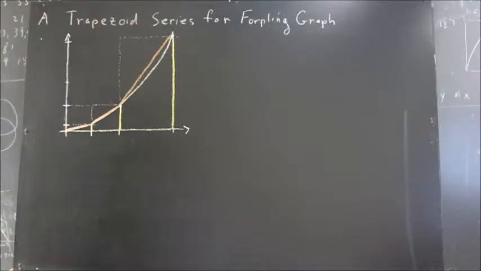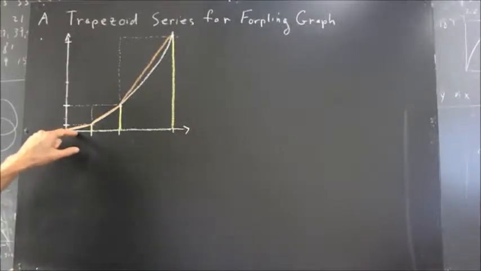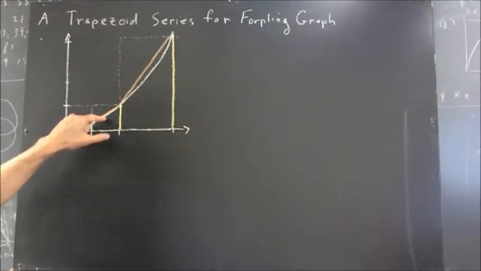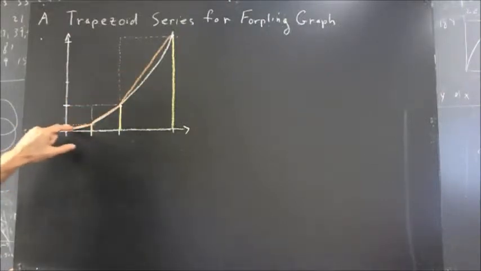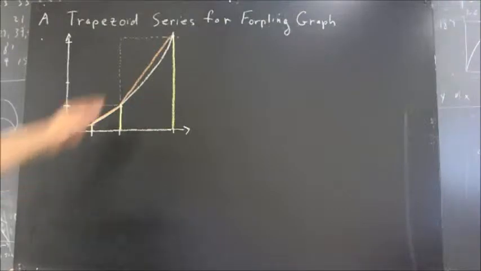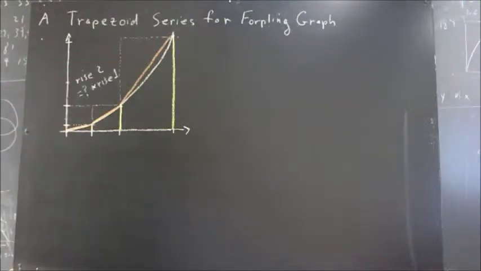Now, see if you can determine what the ratio of the slope of this triangle to this slope is, what's the ratio of this slope to this slope, and what's the ratio of this slope to this slope. Should be fairly easy to make those determinations, assuming this is a good forpling graph.